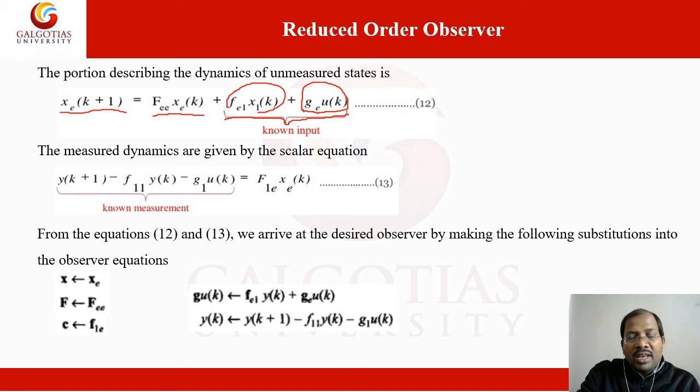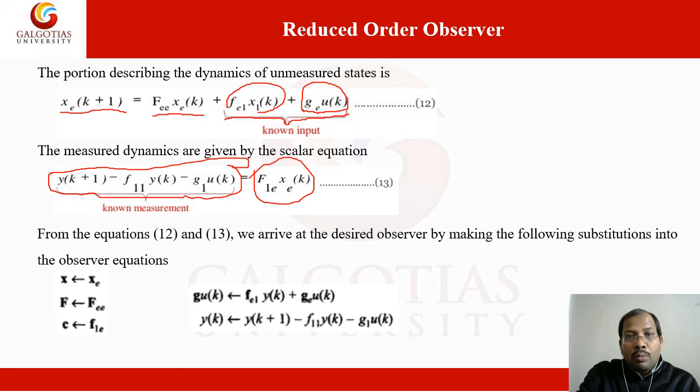The second is the measurement dynamics: y k plus 1 minus F11 y k minus G1 u k is equal to F1e xe k. This is the unknown, and on this side all the terms are measurable. In equation 12 you can see these two terms are unmeasurable, and equation 13 is telling us about these two.